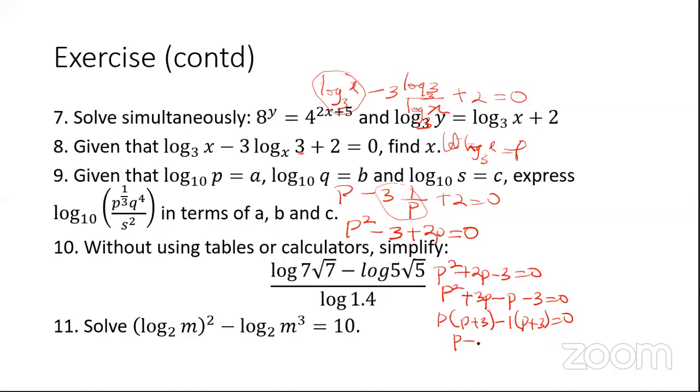So p minus 1 times p plus 3 equals 0. So p equals 1 or minus 3.